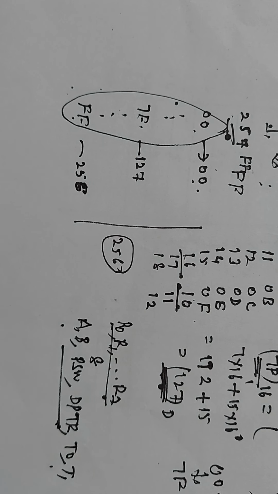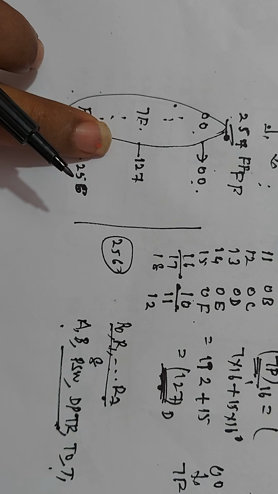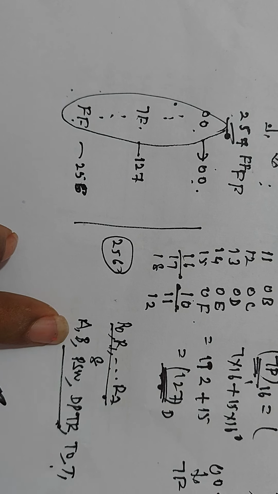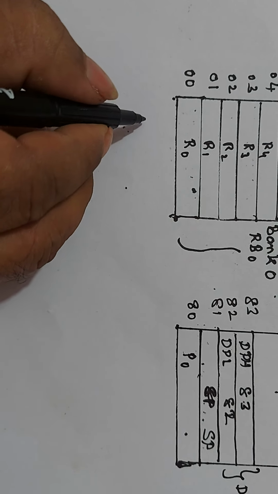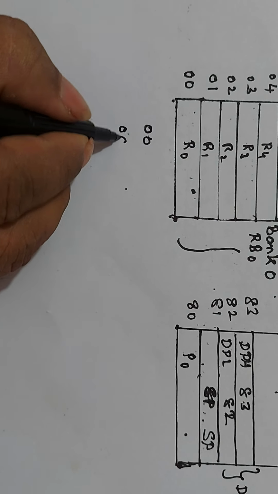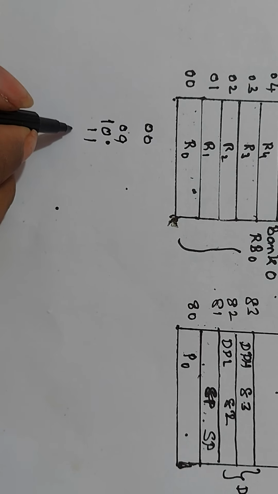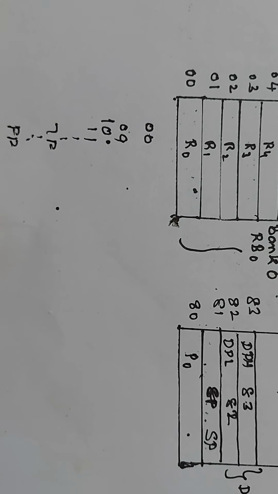Each register must be addressed by a single byte. A byte which can represent the given register is called an address. So again I will write the decimal numbers here. Decimal numbers 00 up to 09, after that is 10, 11, and so on.